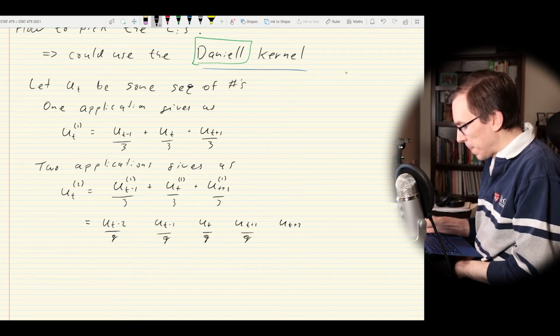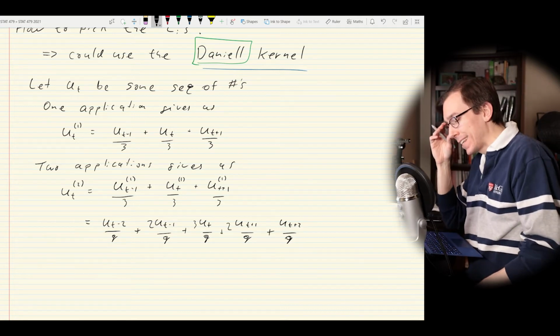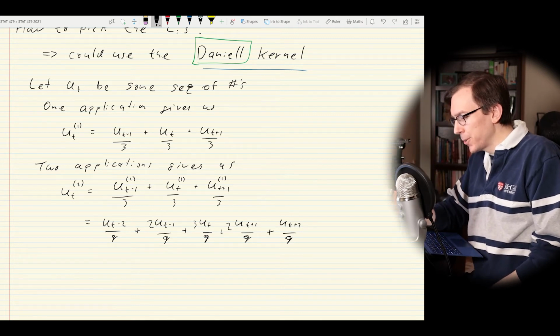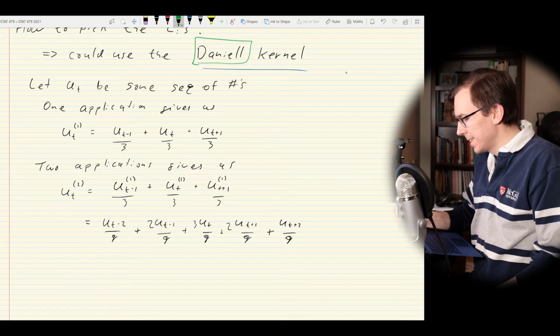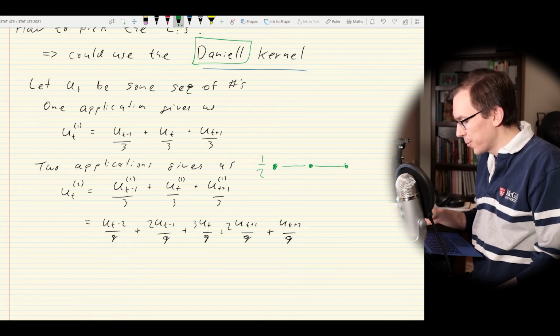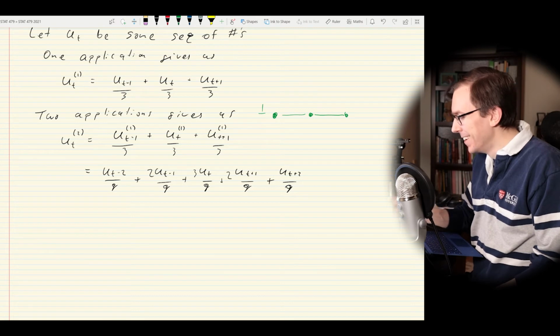So this gets a plus and a 2, a plus and a 3, a plus and a 2, a plus and just a 1, so I'm not going to write anything there. One application is going to give us weights that look like this: 1/3, 1/3, 1/3.